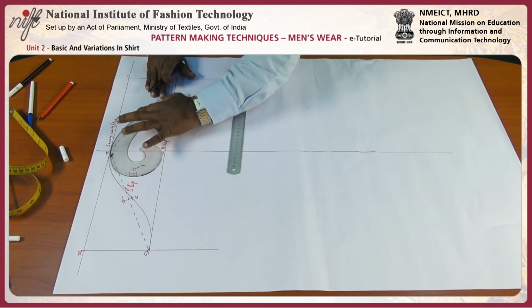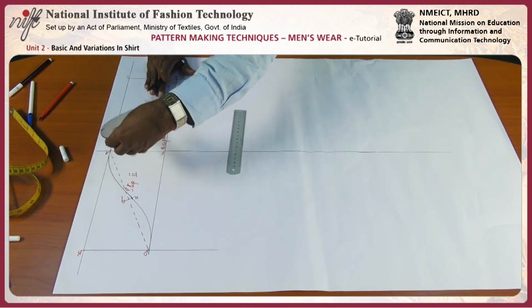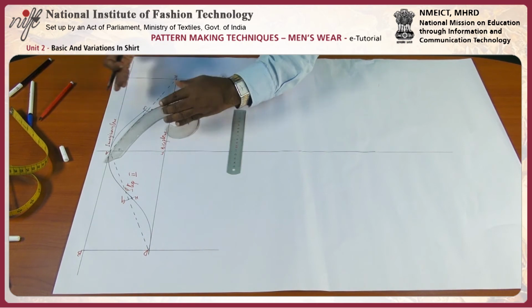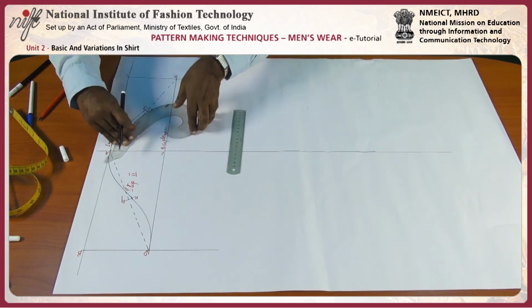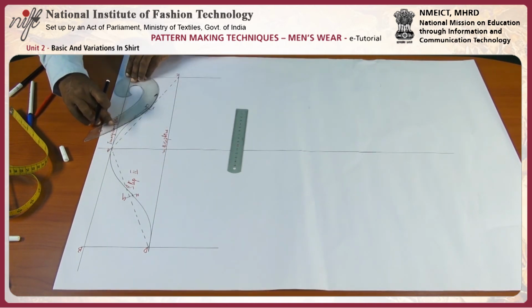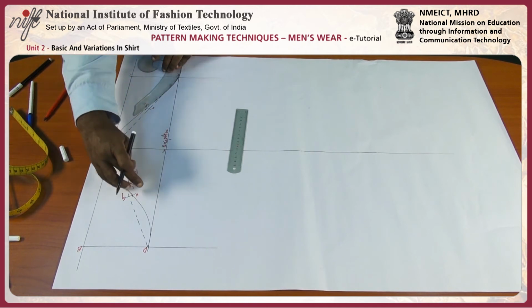See, this is kept like this, then it should be tilted to the opposite angle. Then again the second flip will be like this and brought to point E and aligned to J. It needs to be ensured here that there is a continuous curve line.